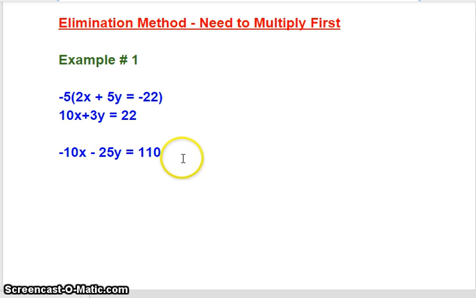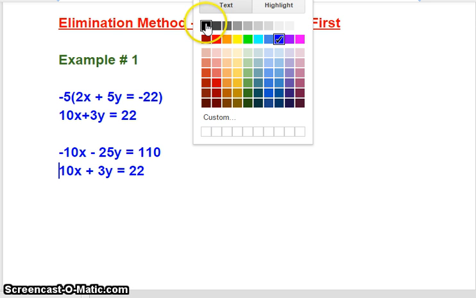So we're not confused, we'll just make that a minus 25y, which is the same as a plus negative 25y. Then this equation right here, we're just carrying down. So then we have a 10x plus 3y equals 22.